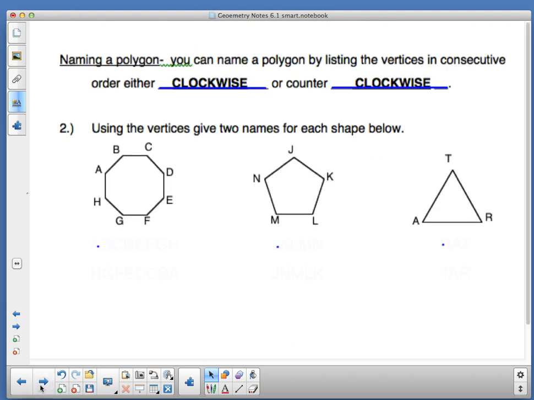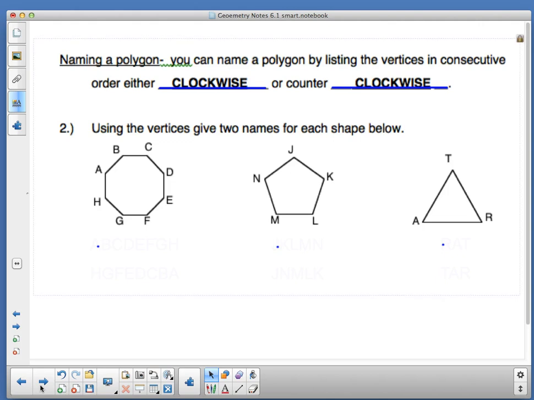Next page. Naming them clockwise. There's 16 ways to name problem 2, the first one, because there's 8 places to start and 2 directions to go from my start. When you do name them, you name a polygon by listing the vertices in consecutive order as they're connected. So I want you to think in plain dot to dot.